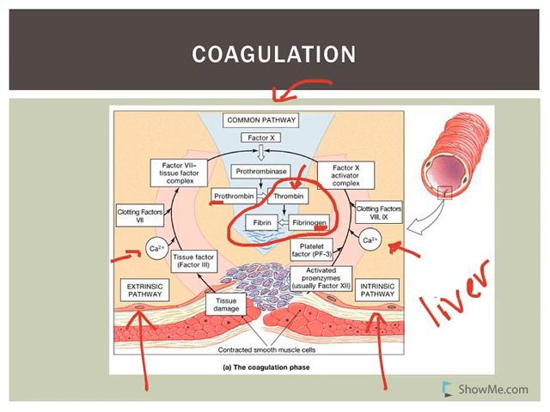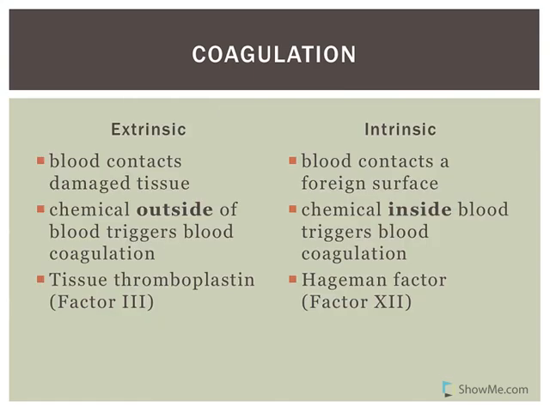If you damage a tissue wall, the initiating factor is called factor 3, or tissue thromboplastin. I actually like that one better because I hate trying to memorize factor numbers. But I do want you to know this one. Tissue thromboplastin is released when blood contacts that damaged tissue. The tissue releases factor 3.